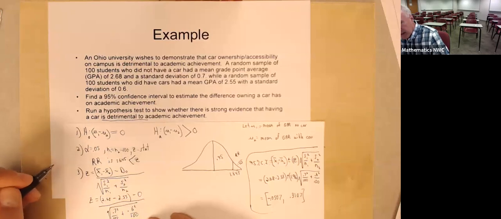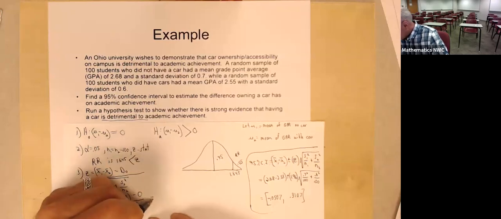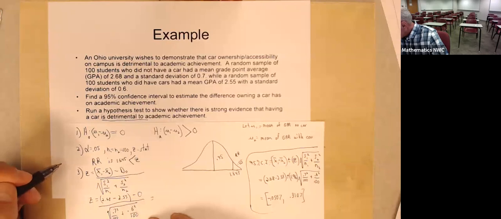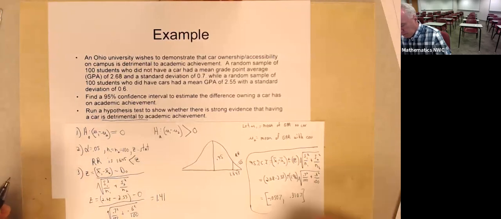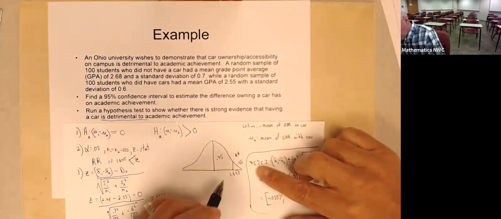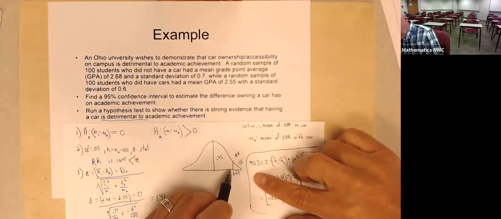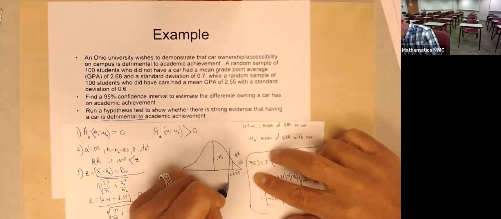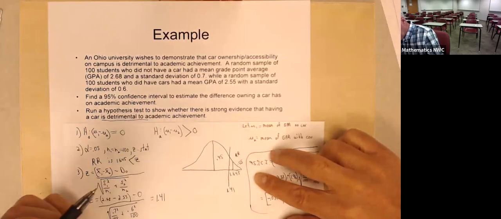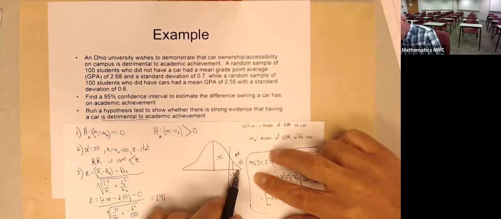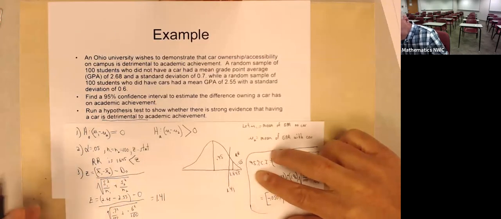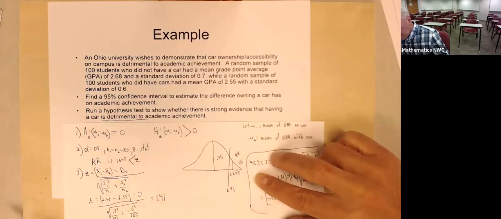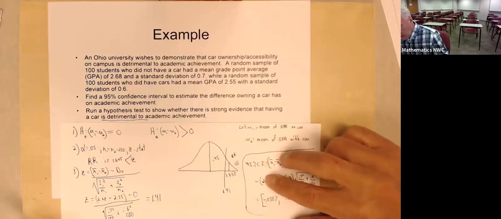Turns out that that z-score turns out to be 1.41. 1.4 did not go over my line. 1.4 is about in there. It is insufficient evidence for me to doubt the null. So my conclusion, you don't mind, I'm not going to write it here, I'm just going to say it.